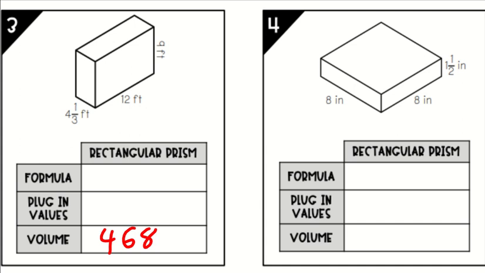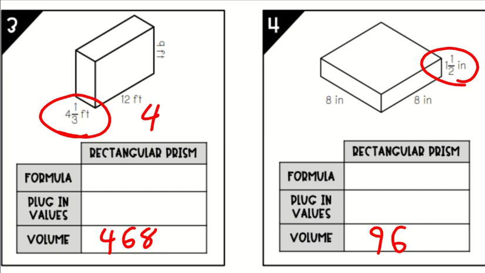96 is correct. The big thing with doing these, because at least one of them is going to have a fraction, okay? At least one. Is anybody not sure how to put a mixed number into the calculator? What you do is you put the whole number first. So in this case, I would put the 4.